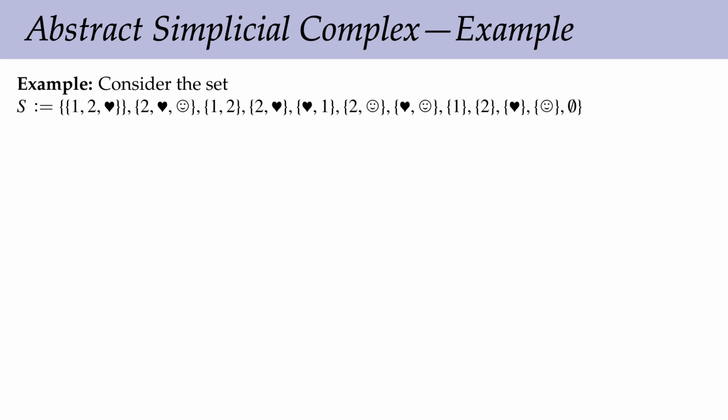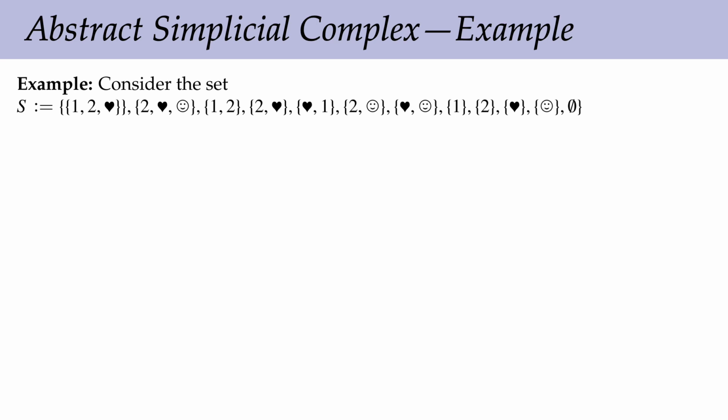Okay. Here's another example. Hopefully it gets the idea across. This one we're really going to avoid drawing pictures for. So we just say, let's consider the set S, where the points in this set look really funky. S is a collection of sets. What's in that collection?